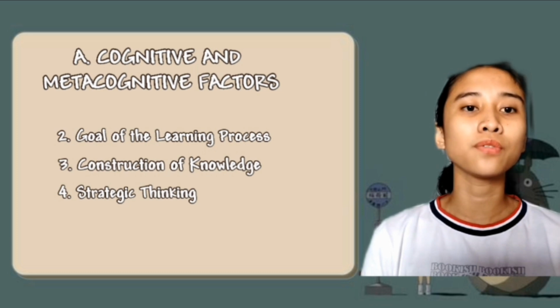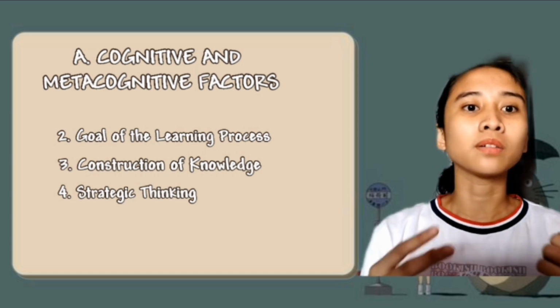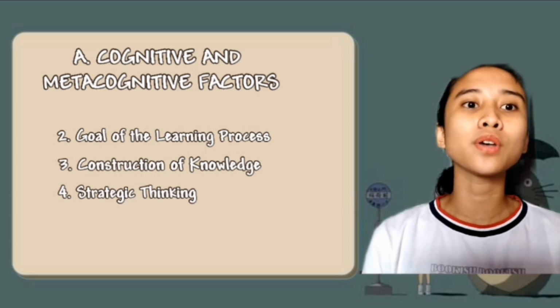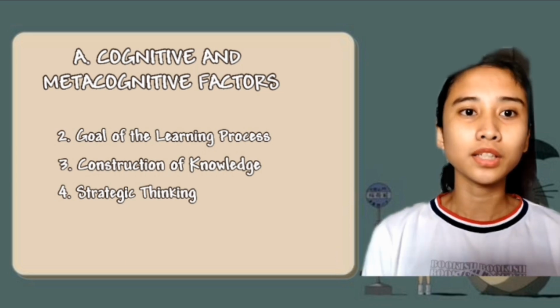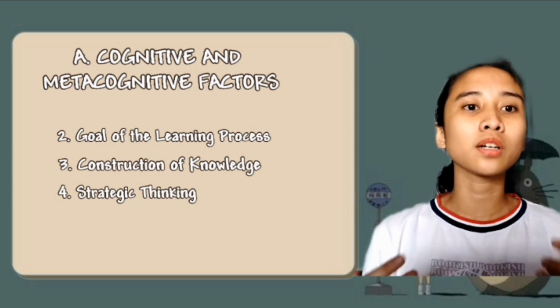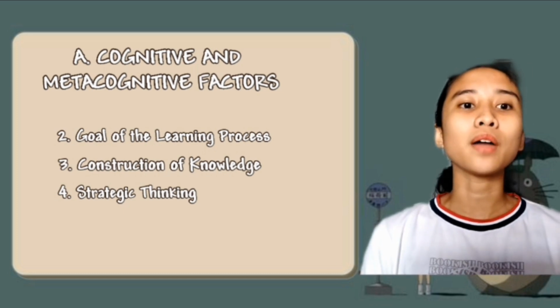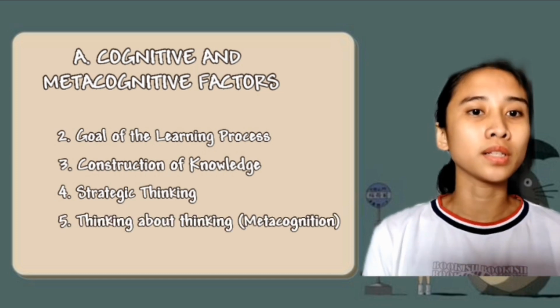Successful learners develop reasoning skills to approach problems in various ways and adapt their strategies based on effectiveness. Teachers can support students by teaching problem solving and encouraging strategic thinking.